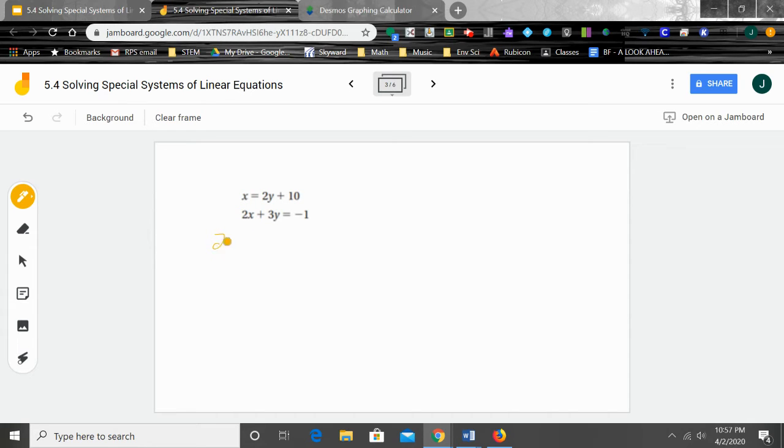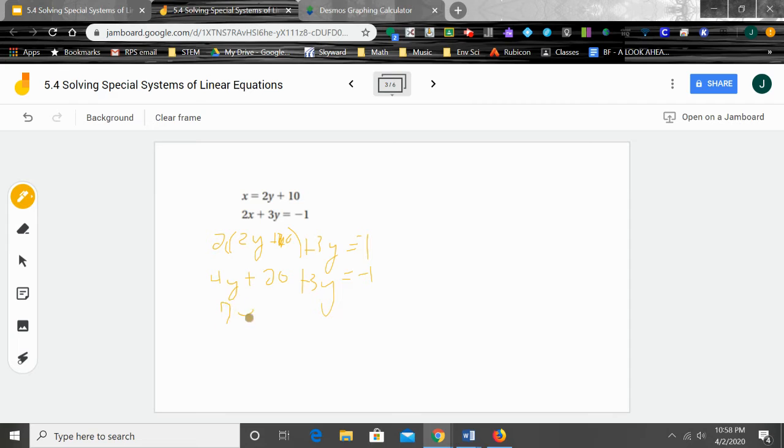So this is 2 times (2y plus 10) plus 3y equals negative 1. So 2 times 2y is 4y, plus 2 times 10 is 20, plus 3y, equals negative 1.